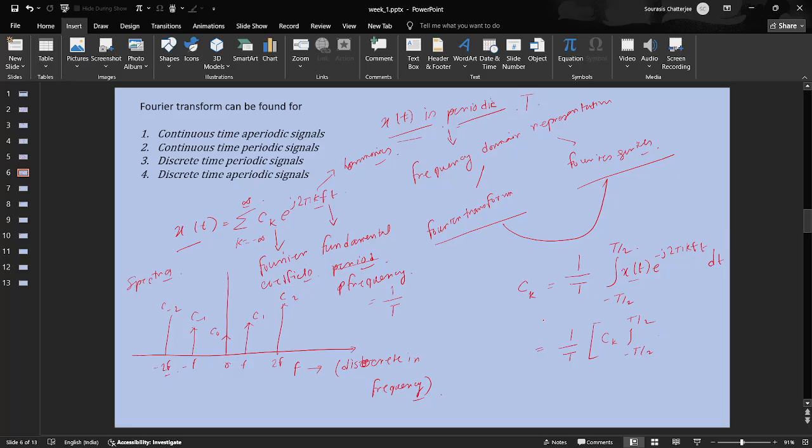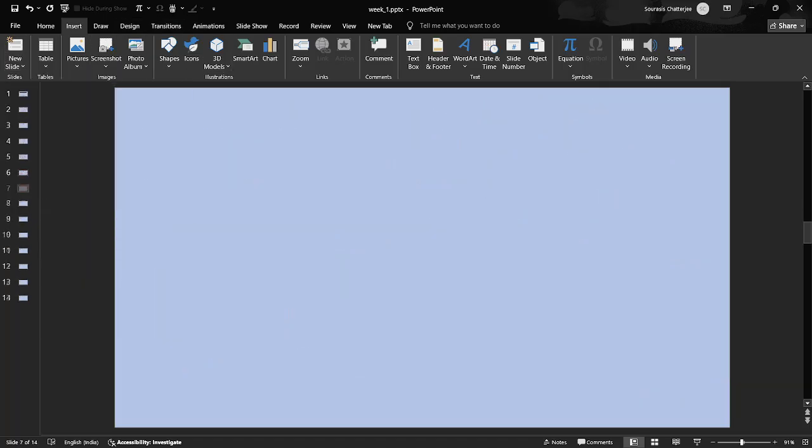All other terms where i is not equal to k will be left with the integral from minus T by 2 to T by 2 of c_i e to the power j 2 pi (i minus k) f t. So let me just take the calculation here.